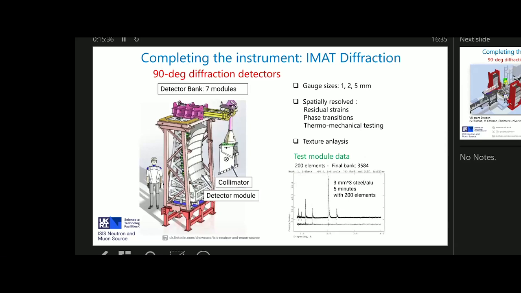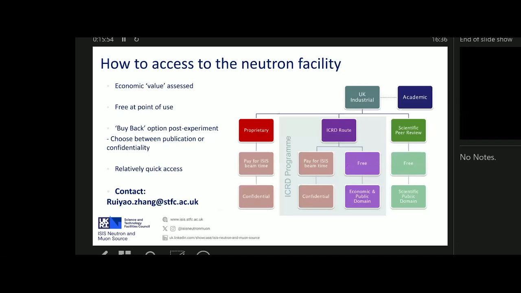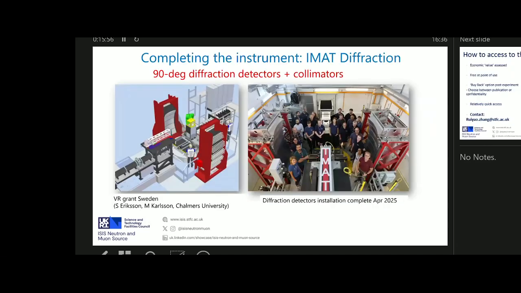So now the imaging beamline can not only do the imaging, but we're also trying to do neutron diffraction as well, so that we can do both neutron imaging as well as neutron diffraction to measure residual stress. So we have put these two big diffraction detectors in this instrument.